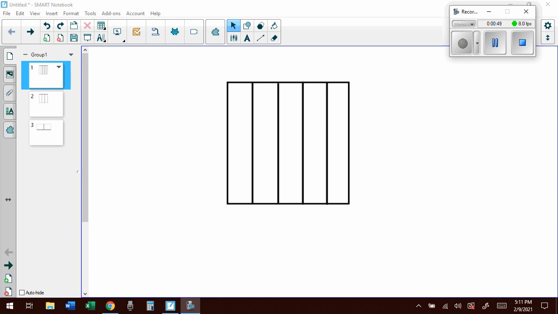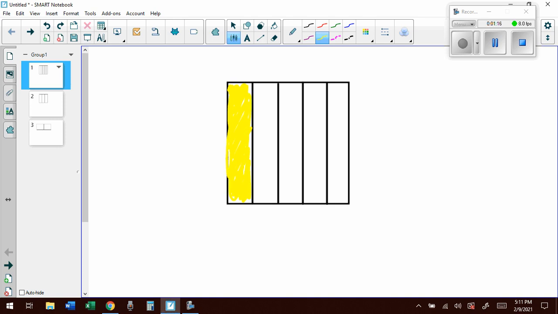I have a square that's partitioned into 1, 2, 3, 4, 5. So, fifths. I'm going to take and shade in one piece.